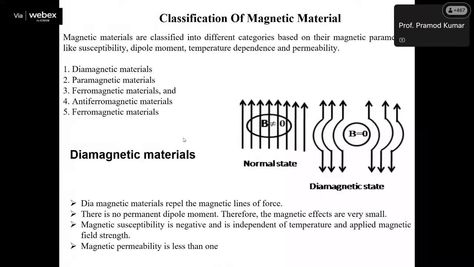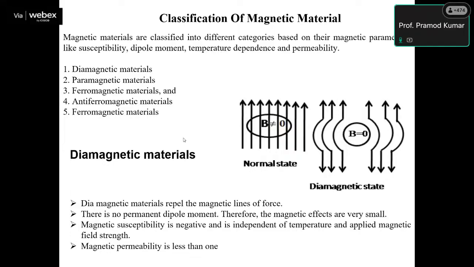One is diamagnetic material, second is paramagnetic material, third is ferromagnetic, antiferromagnetic, and ferrimagnetic. These five different types of material all depend on how the dipole moments are aligned after applying the magnetic field. So try to look at the first one, diamagnetic material. We will go one by one to understand what is diamagnetic, paramagnetic, ferromagnetic, antiferromagnetic and ferrimagnetic material.